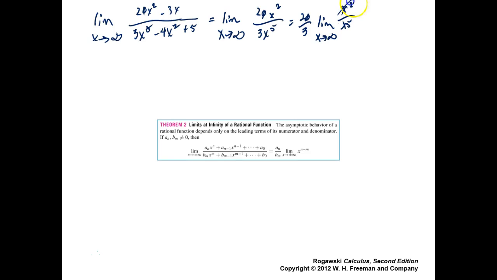Well, guess what? x squared will go into x squared one time, and x squared will go into x to the fifth x cubed times. So this is 20/3 times the limit as x goes to infinity of 1 over x cubed. And guess what? It doesn't matter that 20/3 in front. Doesn't matter anything else. The limit as x is getting extraordinarily large of 1 over x cubed, a huge number cubed, that's going to be even bigger.